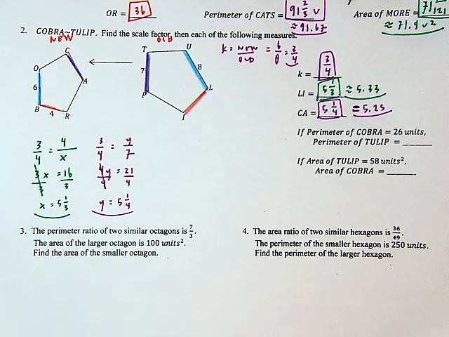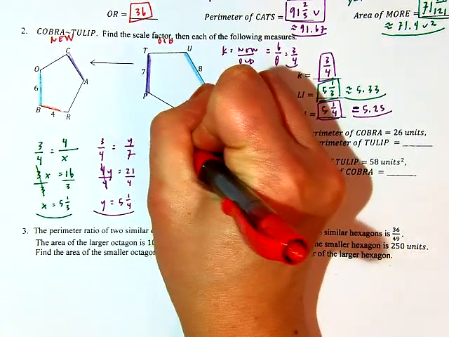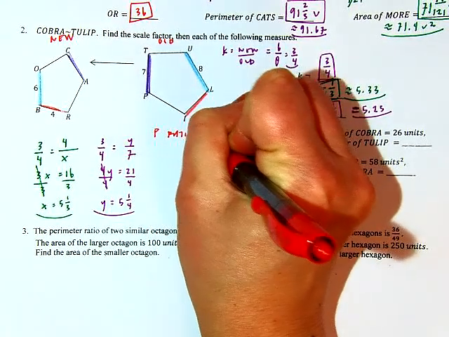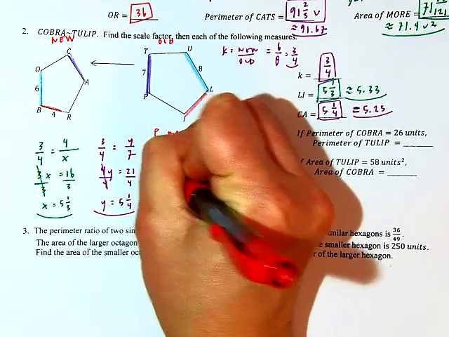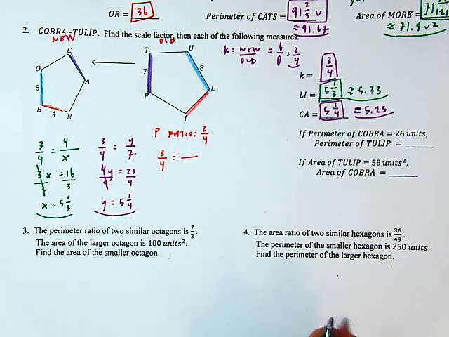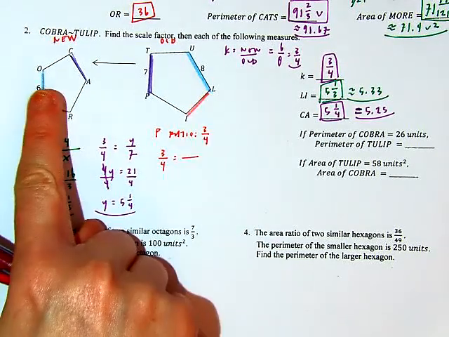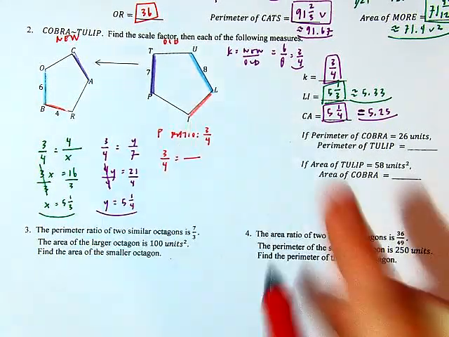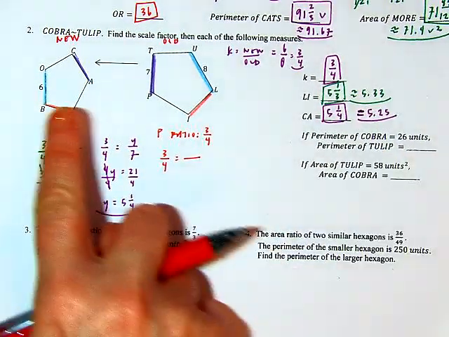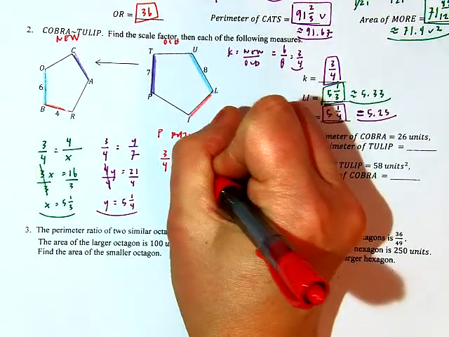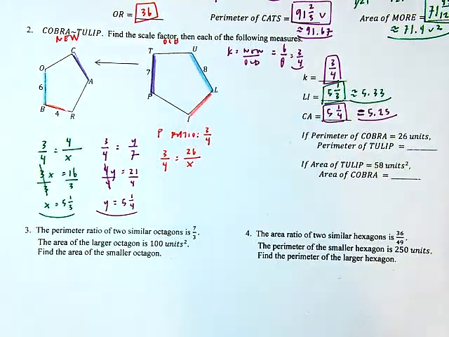Okay, next, perimeter. Well, perimeter ratio will be the same as a pair of sides. So I know that my perimeter ratio will still be 3 to 4. So I'm going to build off of that. All right, so perimeter here to here will be in a ratio of 3 to 4. If I know the perimeter of Cobra, I know this one is 26, and I want Tulip, then I'm stacking it as 26 to x.